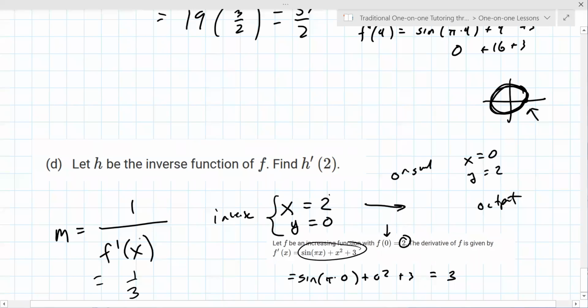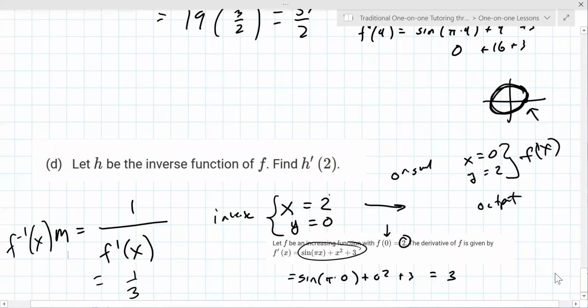And because f of x is the original, that's why I use that x value. Aren't you trying to find f prime of x though? Yes, 1 over f prime of x. And that's why I use the original x value, not the inverse x value. So what would be the inverse x value? This is the inverse. It ends up being h.